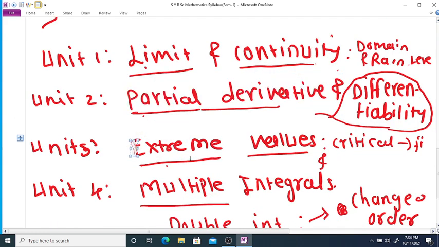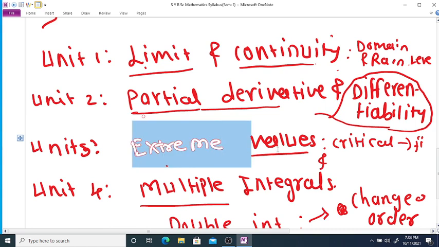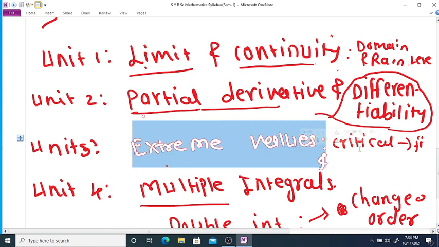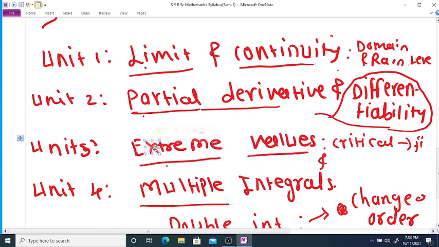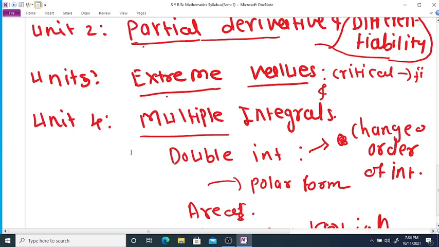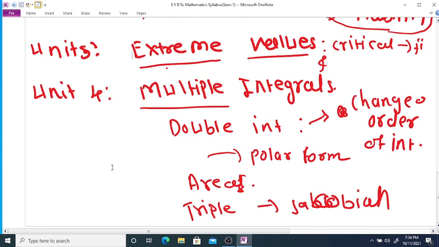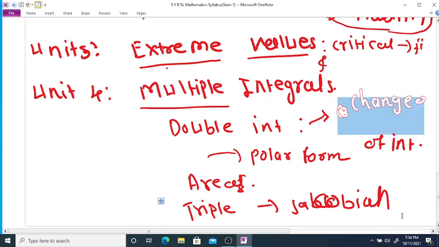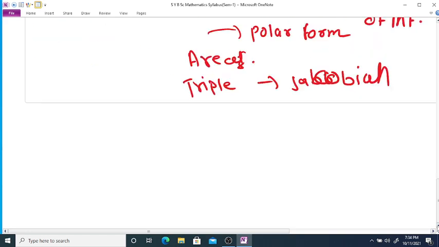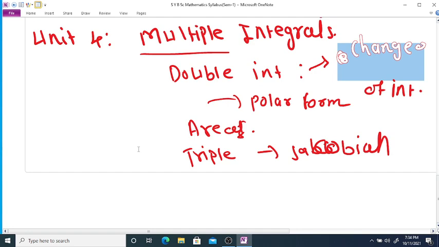In extreme value we are going to determine critical point by using first derivative test, and then by using second derivative test we are going to check whether given stationary points are maximum or minimum. Then in multiple integration we are going to determine area of closed region, then change the variable, change the order of integrations. Okay. Now next volume also we are going to see in multiple integration.